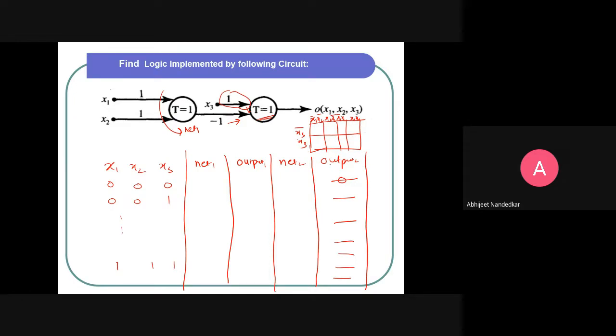Accordingly, suppose I take this combination, then the entry will be, say, this is 0 and all the others are 0, then you have to take the entry here. If it is 1, then you will take the entry here. Okay, like that you can enter all the data and simplify this K-map, and that will be the logic implemented by this particular circuit.